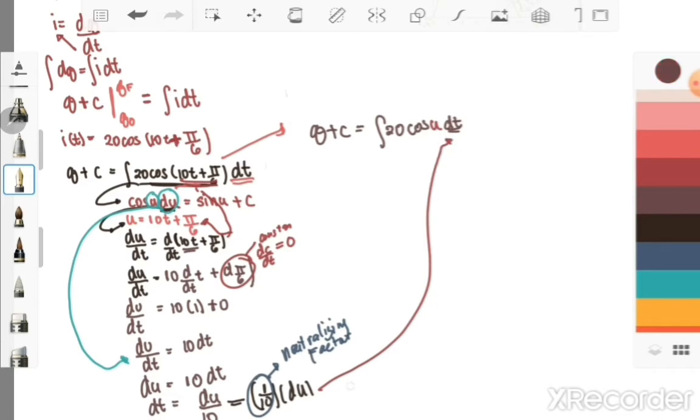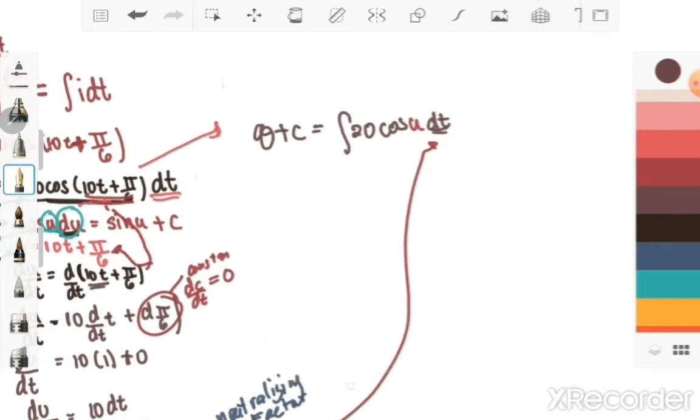So therefore, the equation can be rewritten or manipulated into the integral of 20 cosine u du over 10, which is equal to q plus c.